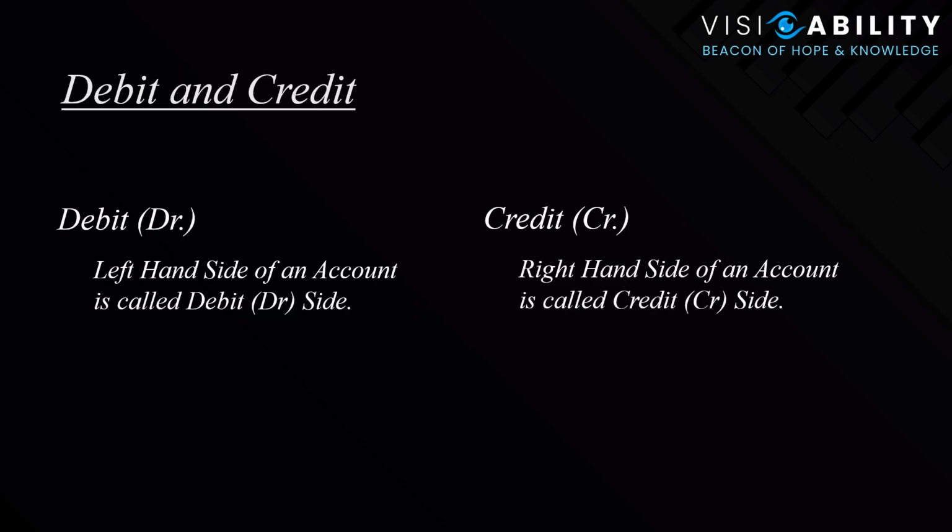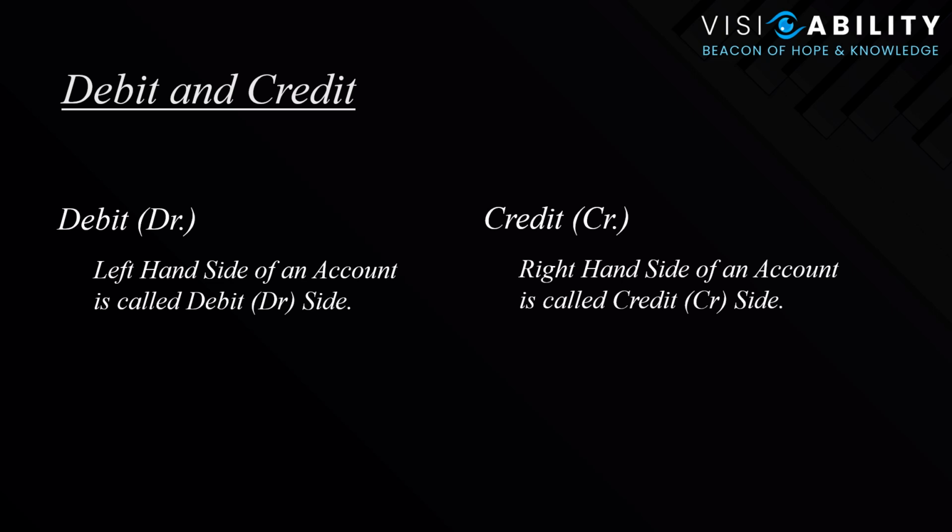What exactly is meant by the terminology debit and credit, which is generally used so often in the field of accountancy? In layman's language, if you take a notebook and the notebook has two sides, the left side page could be termed as the debit side and the right side page could be termed as the credit side.